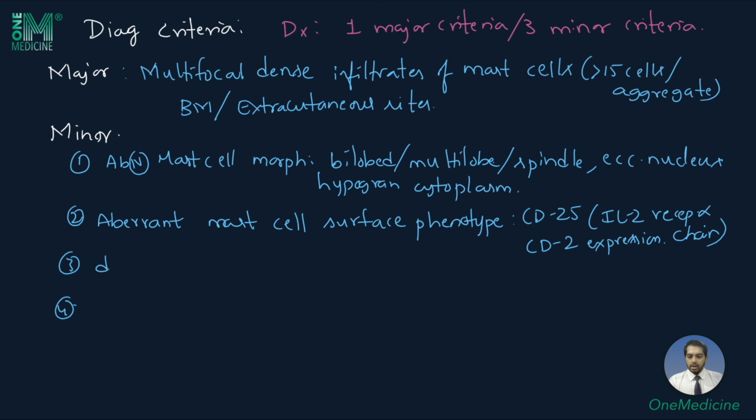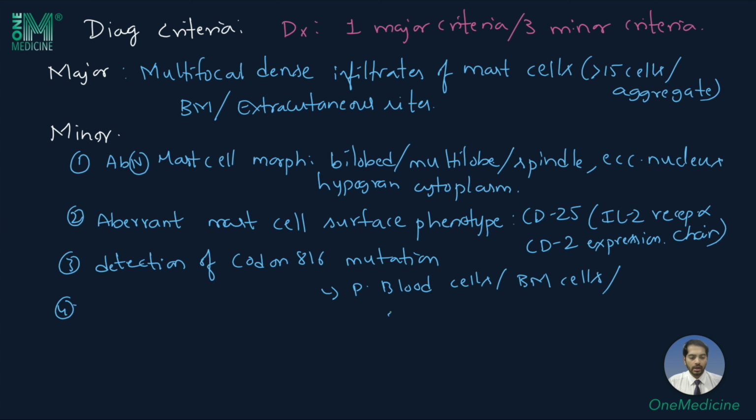The third minor criteria is detection of codon 816 mutation in peripheral blood cells or bone marrow cells or extracutaneous cells. And fourth criteria is total serum tryptase more than 20 nanogram per milliliter.